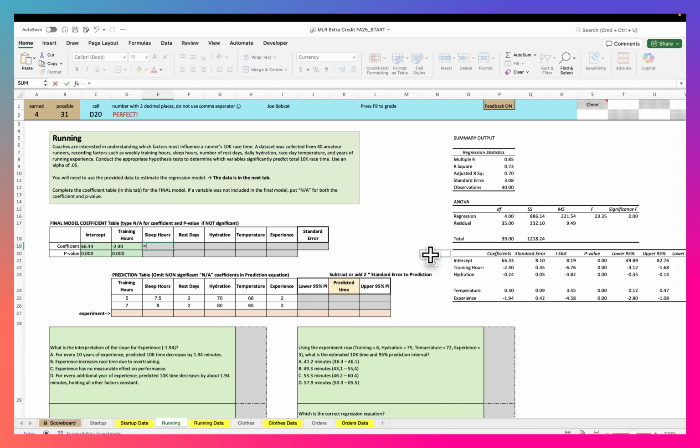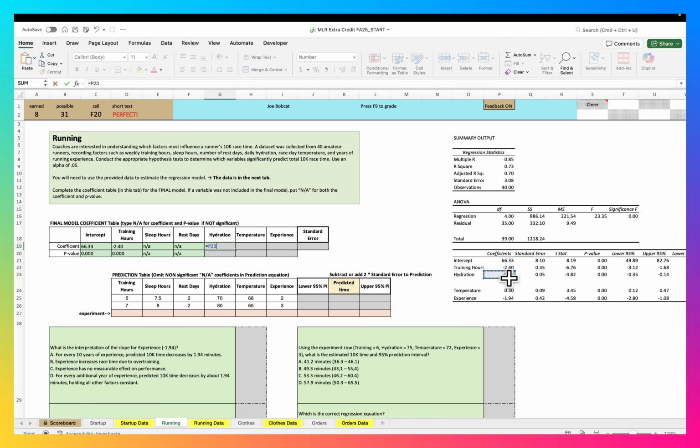Equals coefficient for, oh, well, sleep is gone. So that's going to be NA. Rest days is gone, so that's NA2. And we're up to hydration.